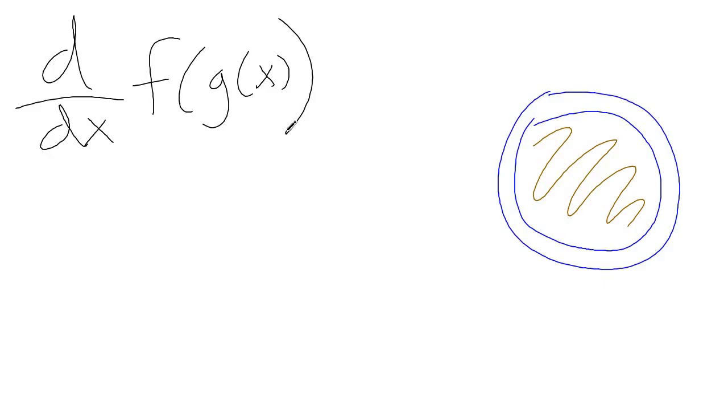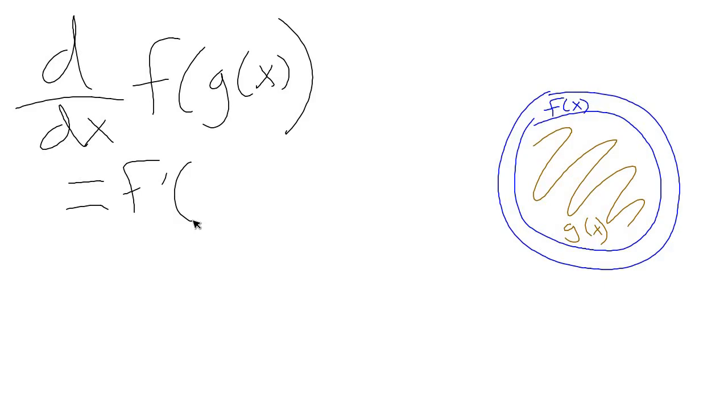The same thing is going to be true here. When I'm taking the derivative, our f, or our outer function, is acting as our outer shell, and our g is acting as our inner chocolate. When we want to take the derivative, we are first going to take the derivative of just the outside.